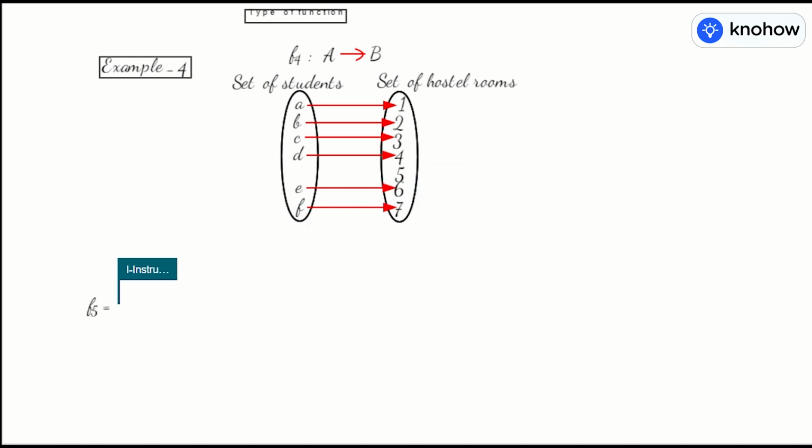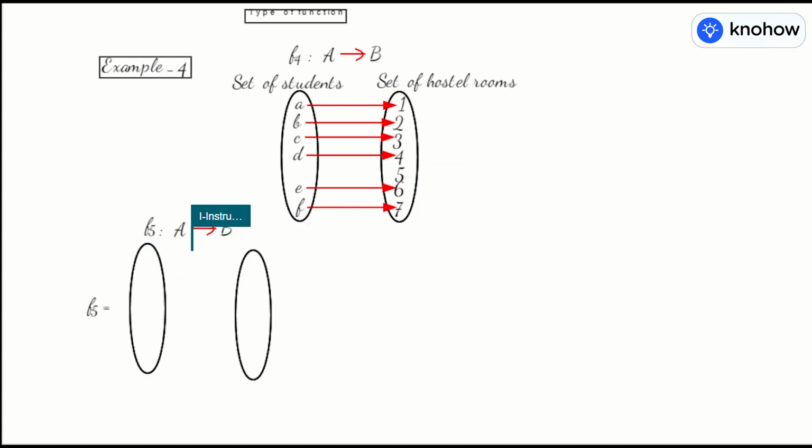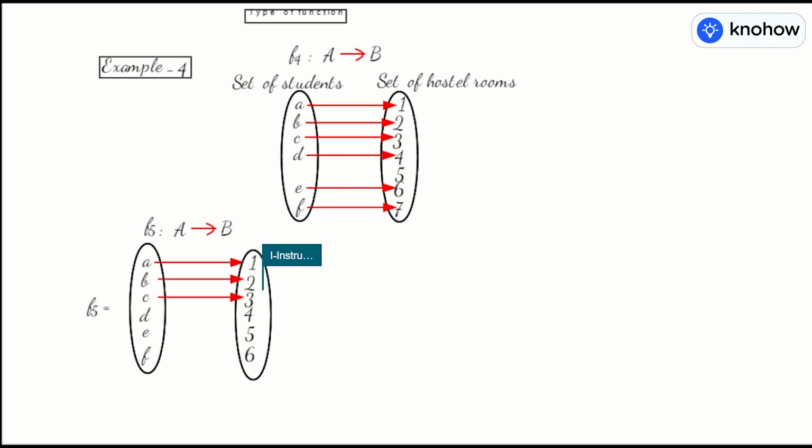Look at F5. A, B, C, D, E, F, and room numbers 1, 2, 3, 4, 5, 6. A1, B2, C3, D4, E5, F6.